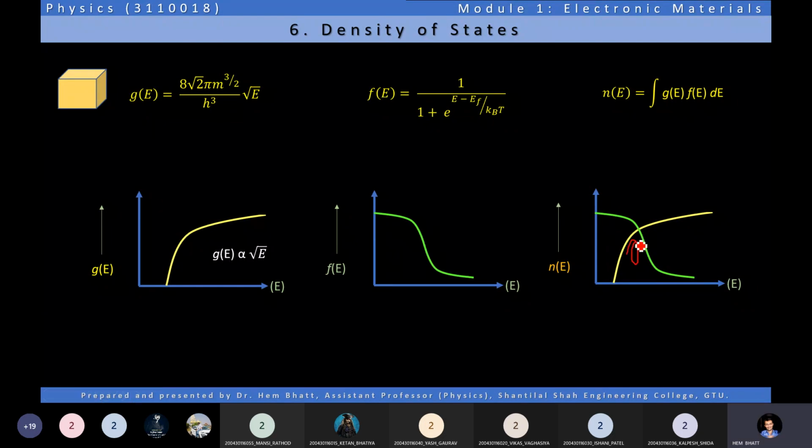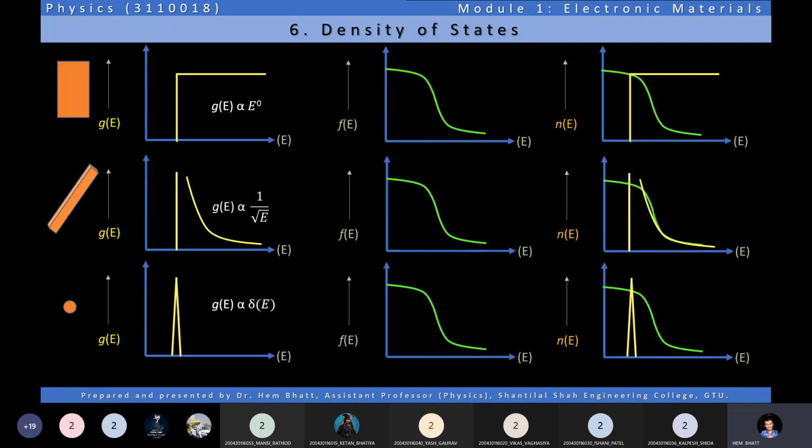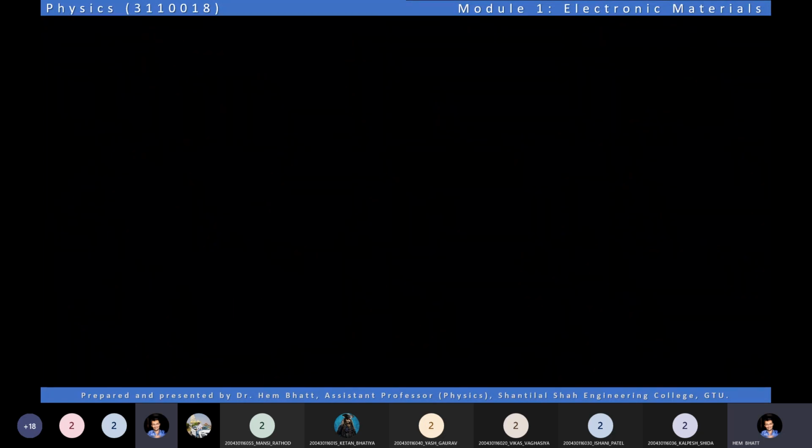This part, the area under the curve, gives the number density of electrons at different values of energy. And if we go for 2D or 1D or 0D, we can get the number density in a similar manner, the number density of free electrons. We saw that last time.